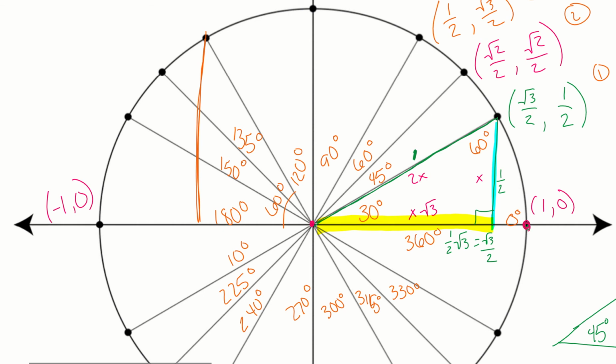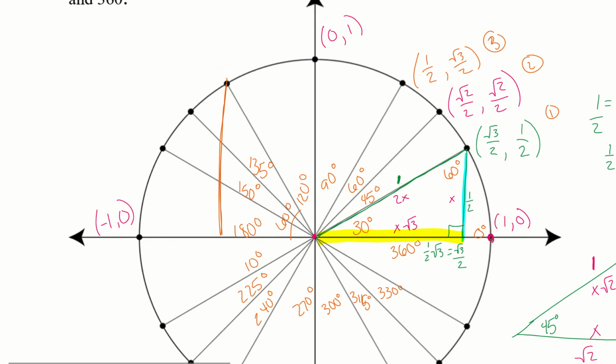If I really wanted to, we could go this way, but we'll continue to just go up and down. Okay, so that is 60 degrees. So once again, I have my 30, 60, 90 triangle. Since that is 60 degrees, I know it's going to relate to my 60 degrees over here.